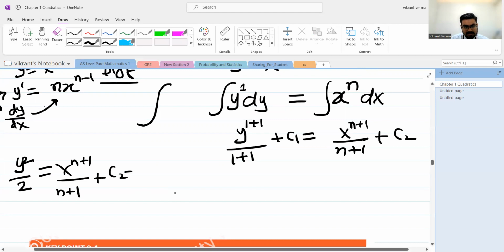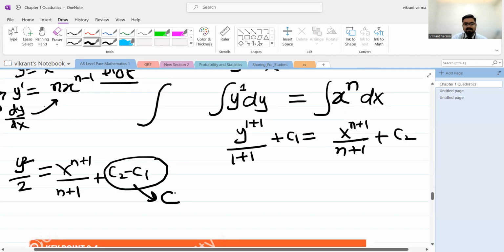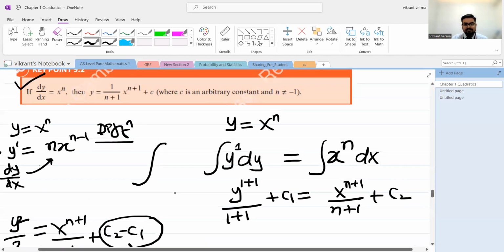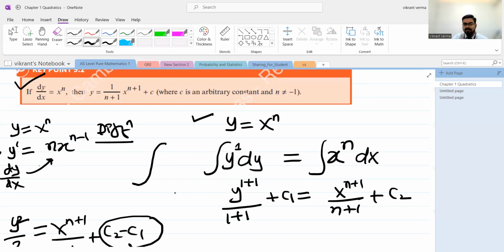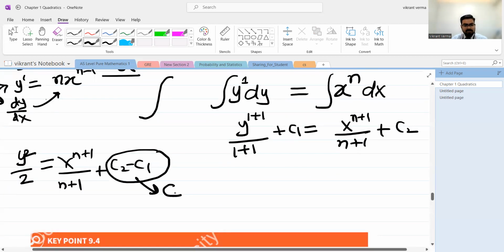I can take this c1 on the right hand side, and this entire c2 minus c1 I can depict as simply another constant of integration c. So if I am integrating y equal to x raised to the power n, taking the integration sign on both sides, this will be our result: y squared upon 2 is equal to x raised to the power n plus 1 upon n plus 1 plus this constant of integration c.